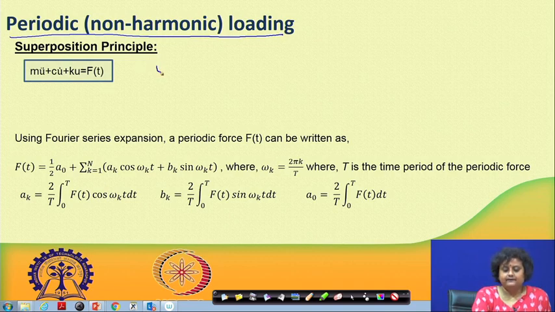Suppose the response of this system is u1(t) when the force F(t) is some particular force F1(t).